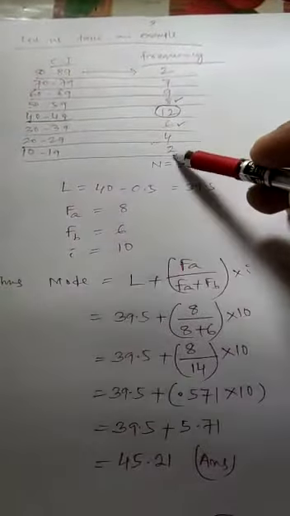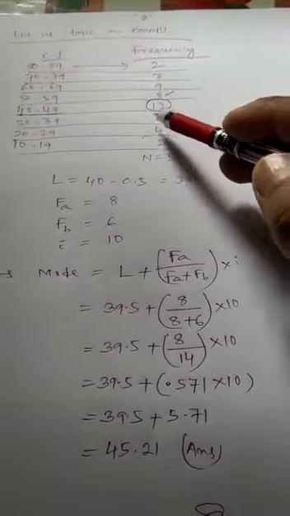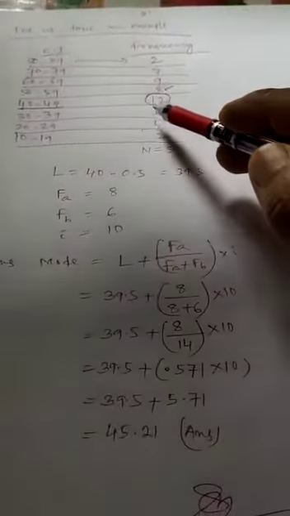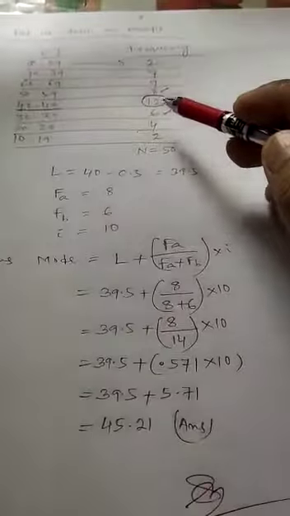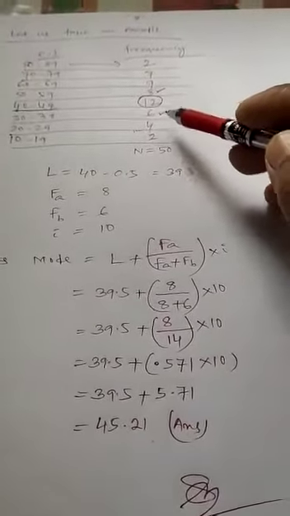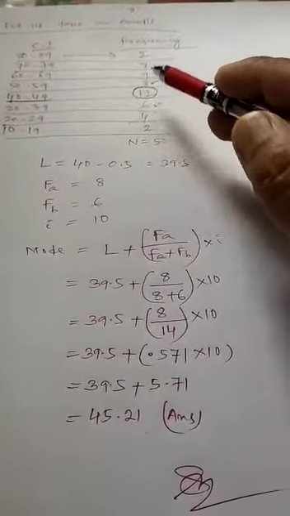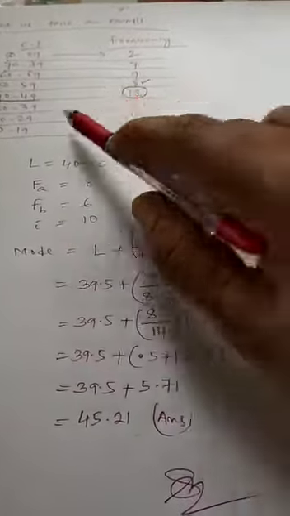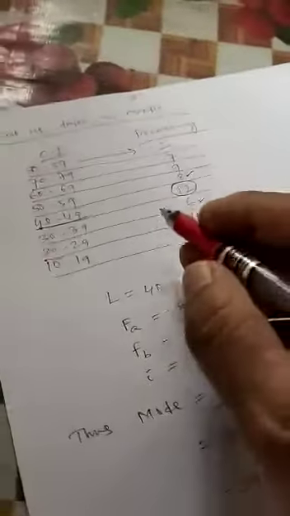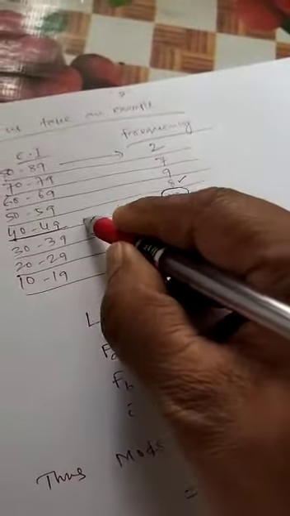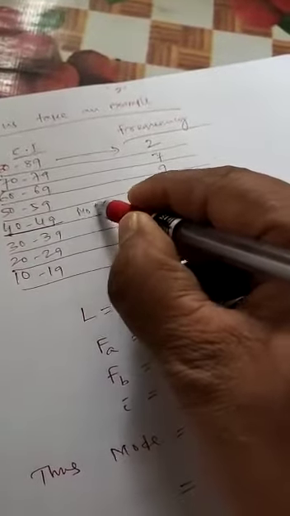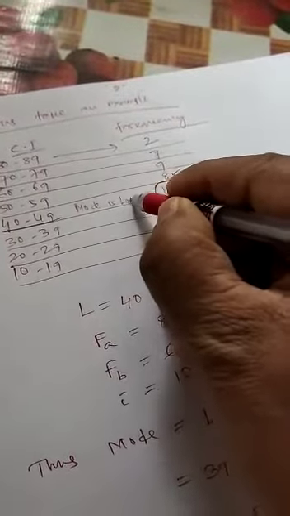Suppose we take this example. Here the frequencies are there and the highest frequency is 12. Therefore, the mode is at the highest point, the peak point or the top point. So since 12 is the peak point, the highest of the frequencies, definitely mode is here. We can write over here that mode is here.